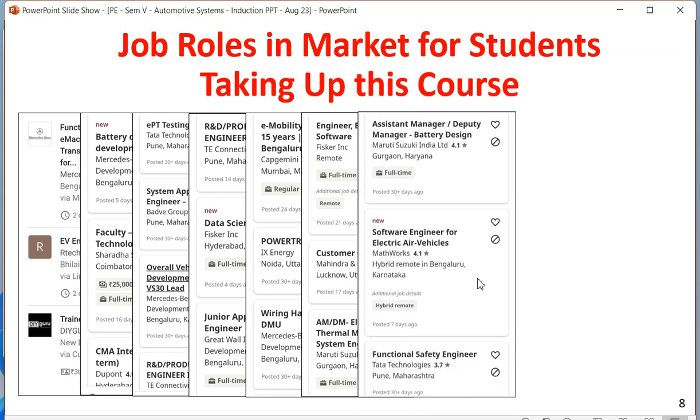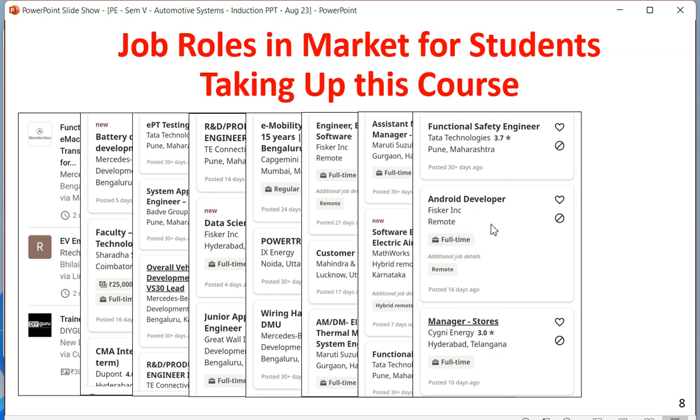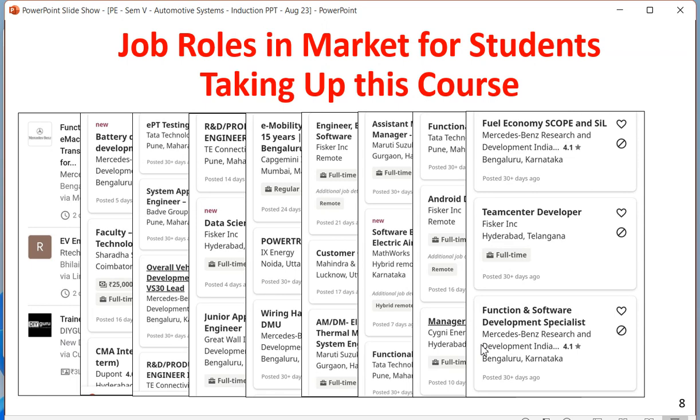Assistant manager, deputy manager, software engineer for electric air vehicles, functional safety engineer, Android developer. Android developer for all the sensors and other communication part, so this is an EC engineer's job. Management for stores, that is inventory management, fuel economy, scope and SIL, Mercedes-Benz.